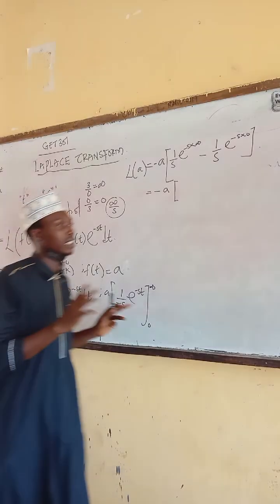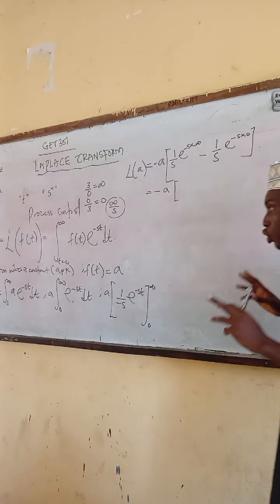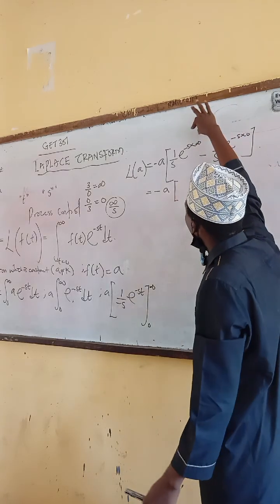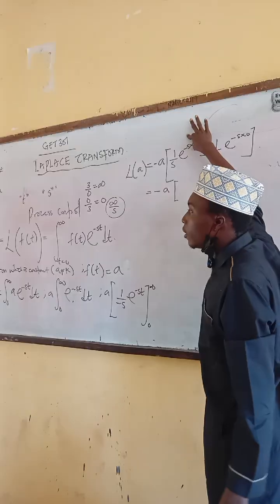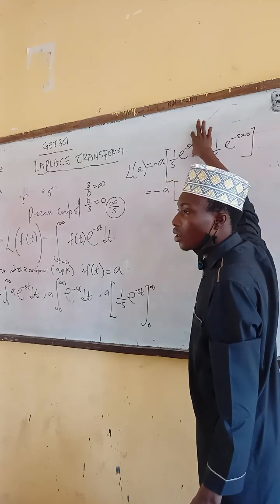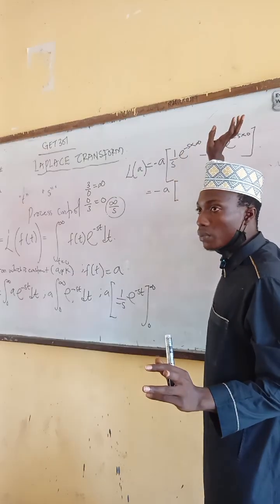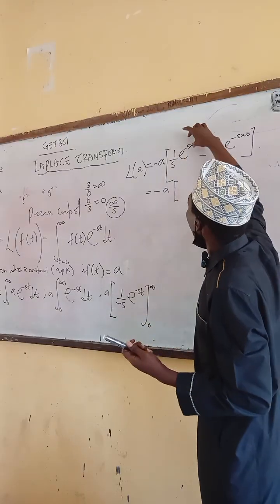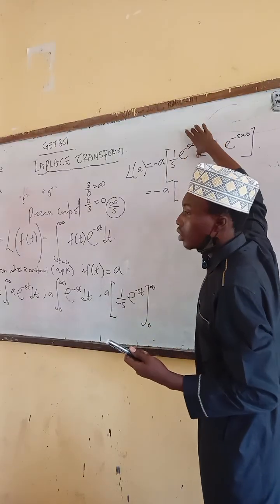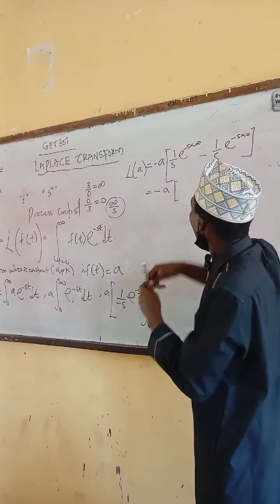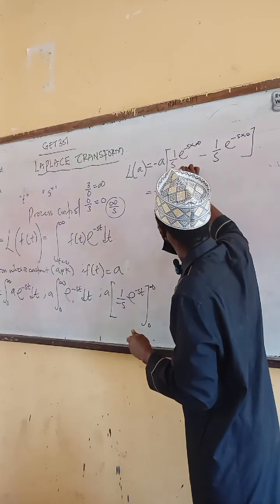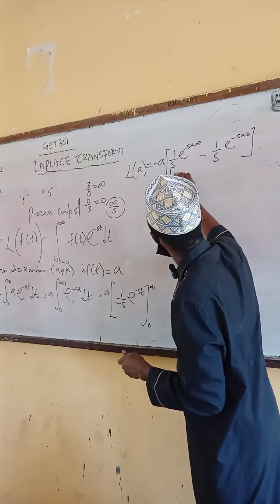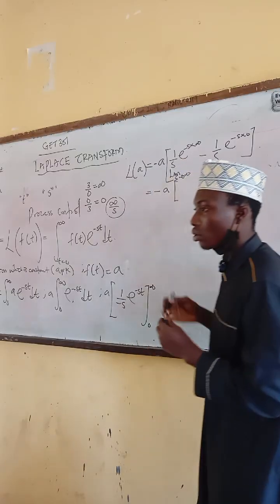Another way to understand it, and this one is the most common way to explain, is that anytime you are having an infinity multiplying anything, just take the limits. You put it in your mind that when you take the limit of all this, s tends to 0.